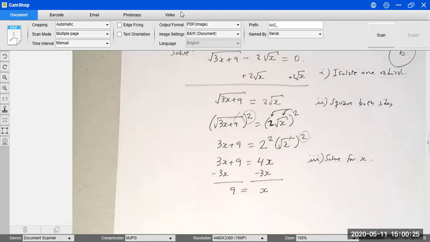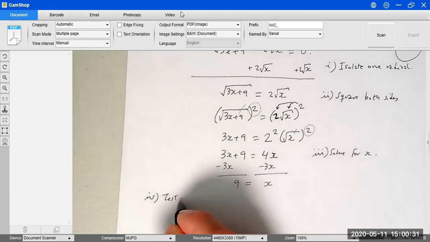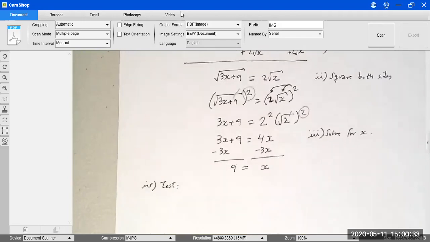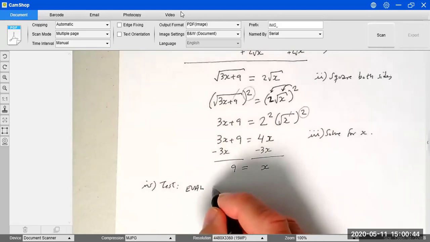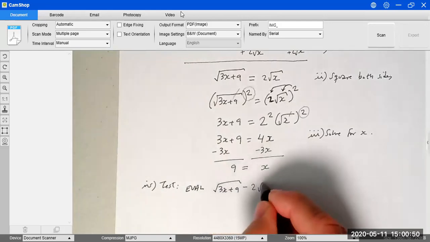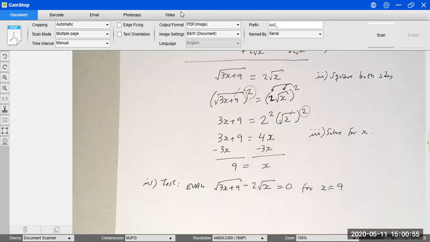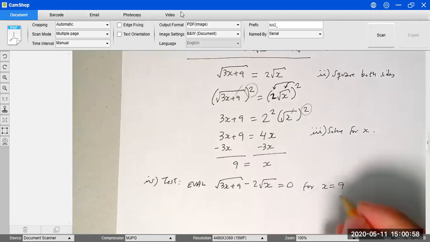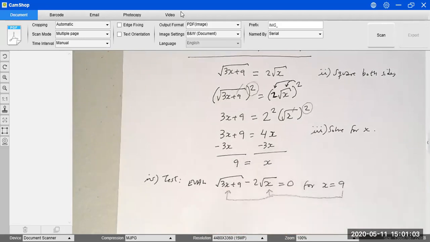So now the fourth step is we're going to test the solution. In this case, we're going to evaluate the original equation, the square root of 3x plus 9 minus 2 times the square root of x equal to 0, for x equals 9. So remember, when you evaluate, you're going to replace every x with 9 in this case.